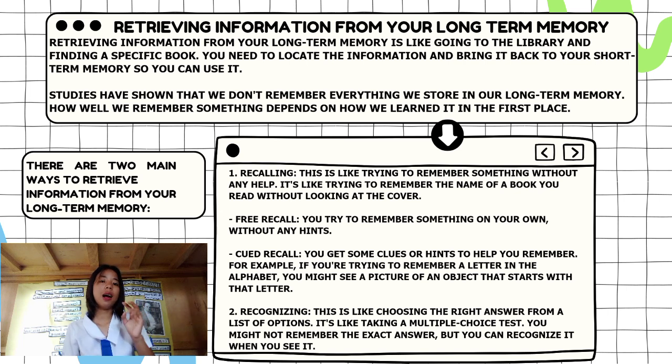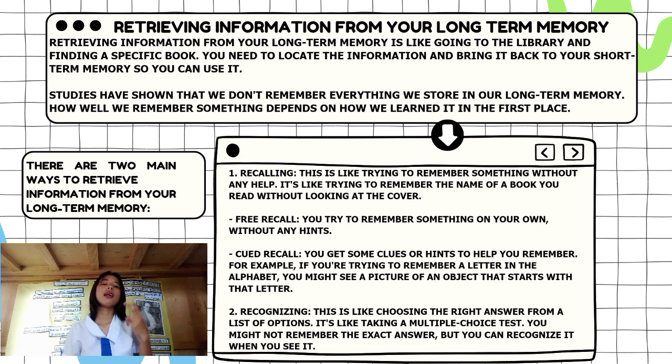Then the second is cued recall, or you get some clues or hints to help you remember. For example, you're trying to remember a letter in the alphabet and you might see pictures of an object that starts with that letter.